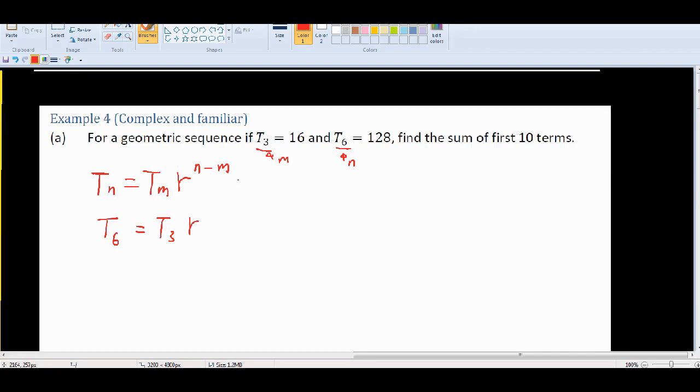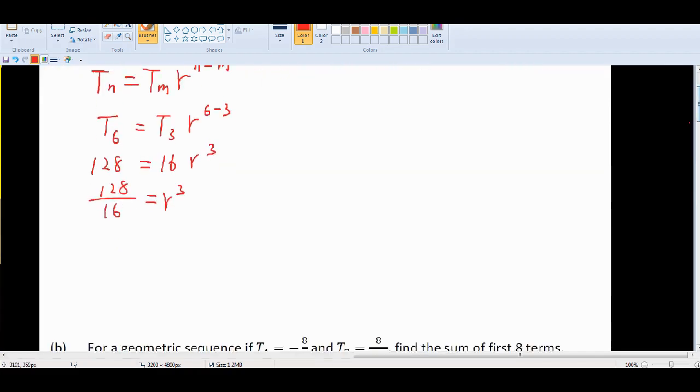R is what we're going to find because you need that R for the sum of the first 10 terms, and that's 6 minus 3. Then we could substitute in the numbers. Now, of course, you see that will be 8. So, for a number which you got power 3 equals to 8, then R must be 2. That's it. So, you've done that.